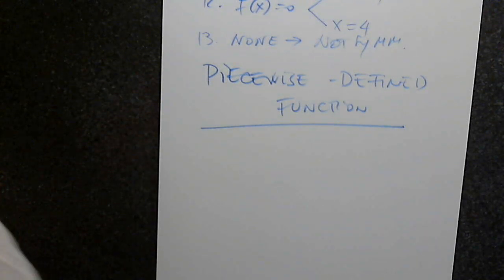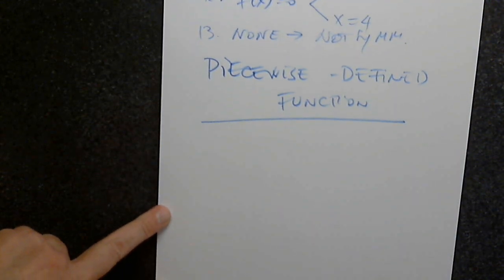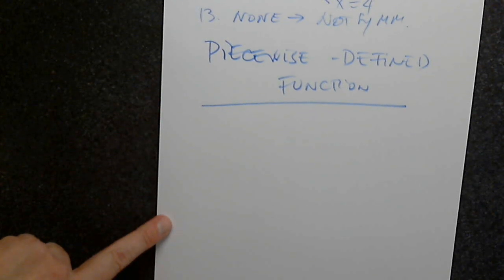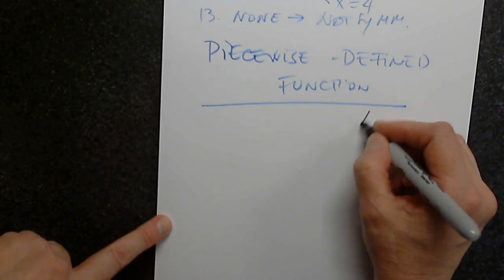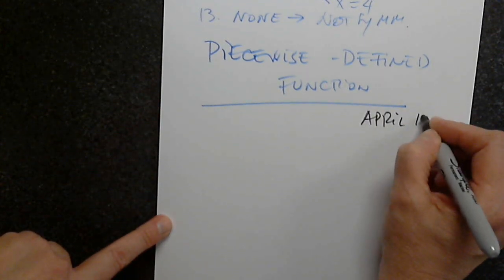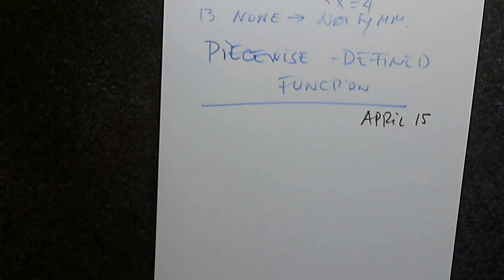Now, can anyone give us an example from real life situation? And I can just give you a hint. Every year, that's what it is. For an income between, I'm just making up numbers, between this and this, 20%.